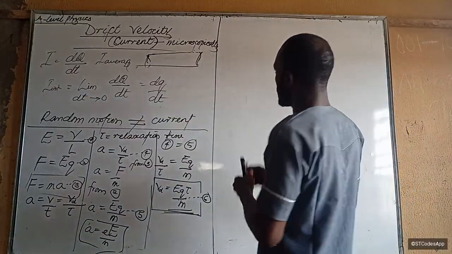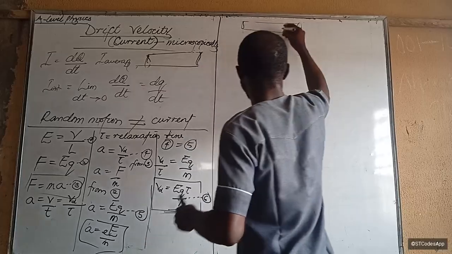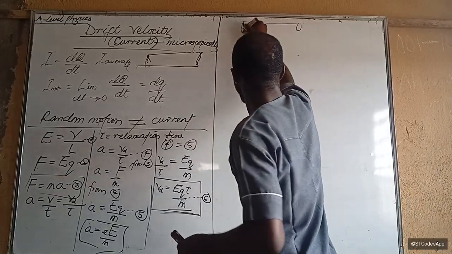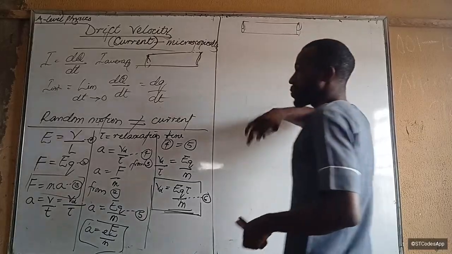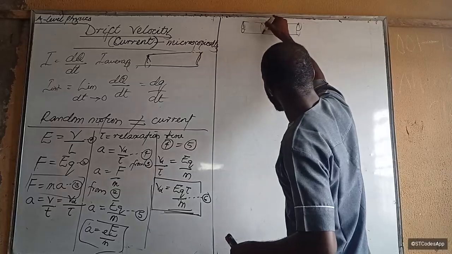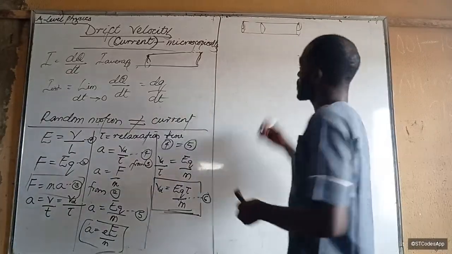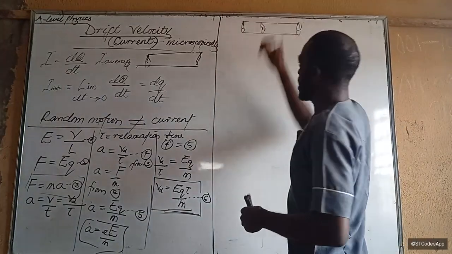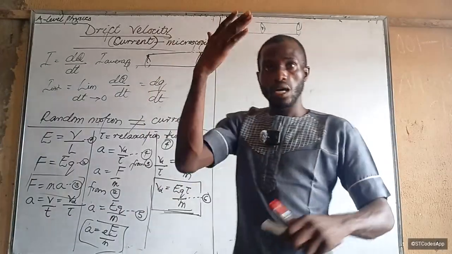So we know that if this is the cross section of our wire, if this is our wire, for example, having a cylindrical shape like this, we know that the cross section is going to be almost circular, okay? And at any point, there's going to be an area over which the electrons are packed.